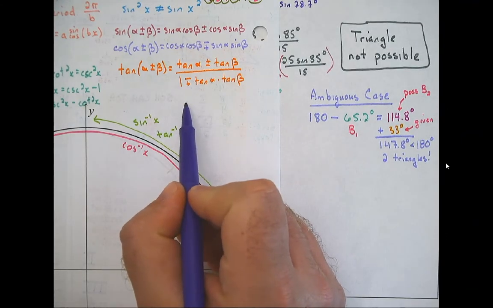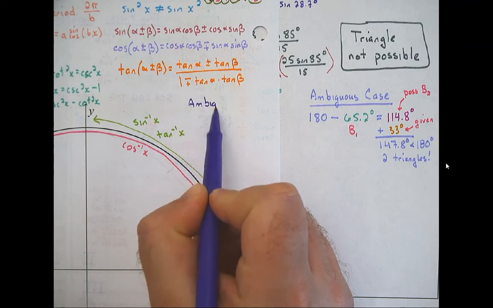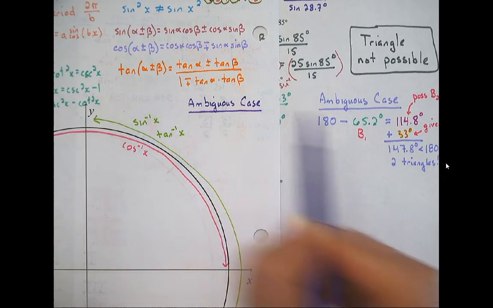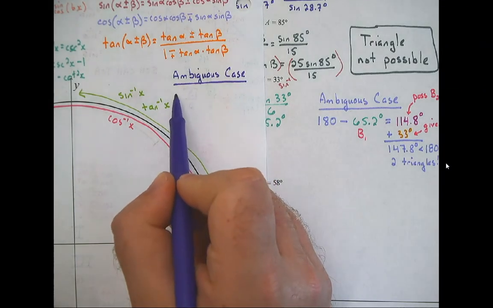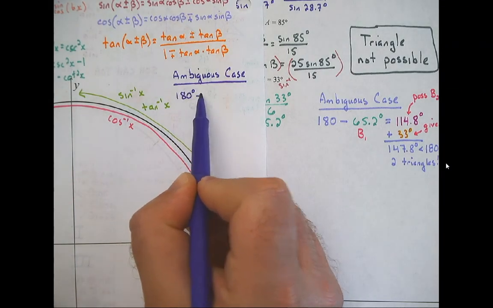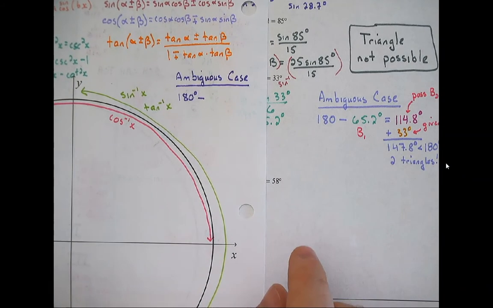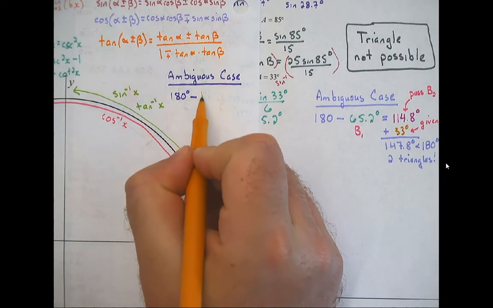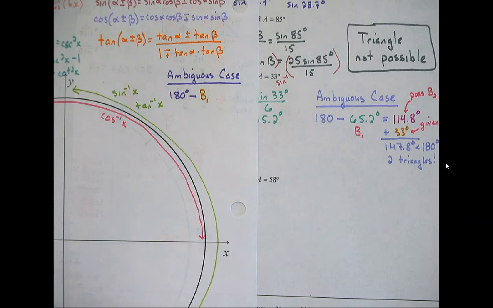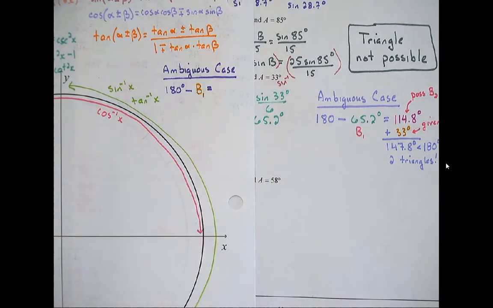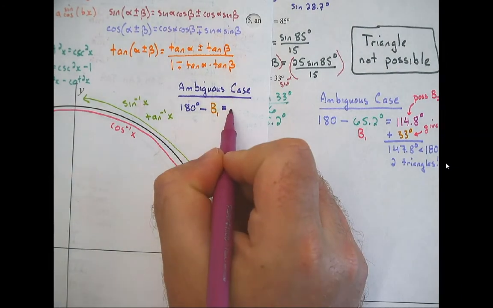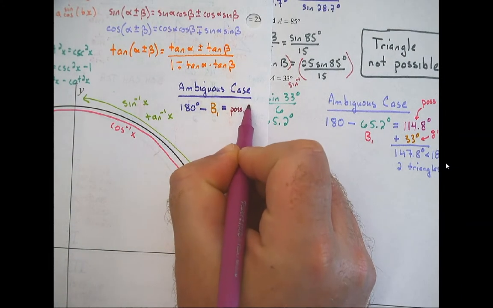Okay, so ambiguous case. So in the ambiguous case, 180 degrees minus B1, this is the first B value, equals a possible B2.